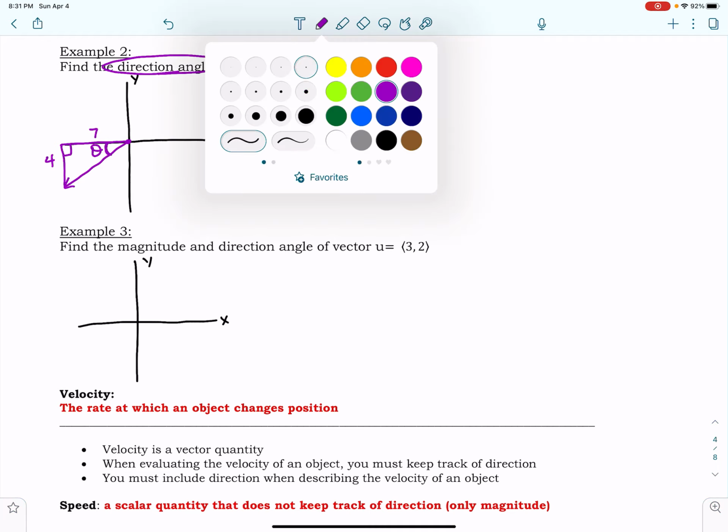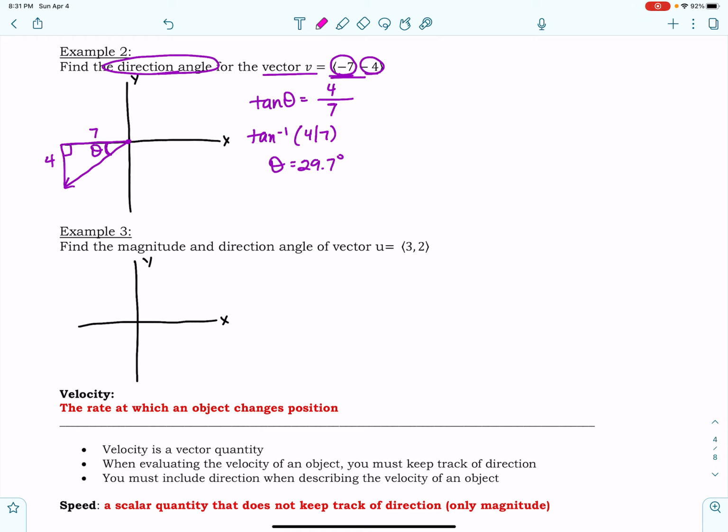So remember, for the direction angle, we start at positive x and we go all the way through to the vector. So it's 180 degrees through quadrants 1 and 2 plus that reference angle, because remember, this is the reference angle right here.